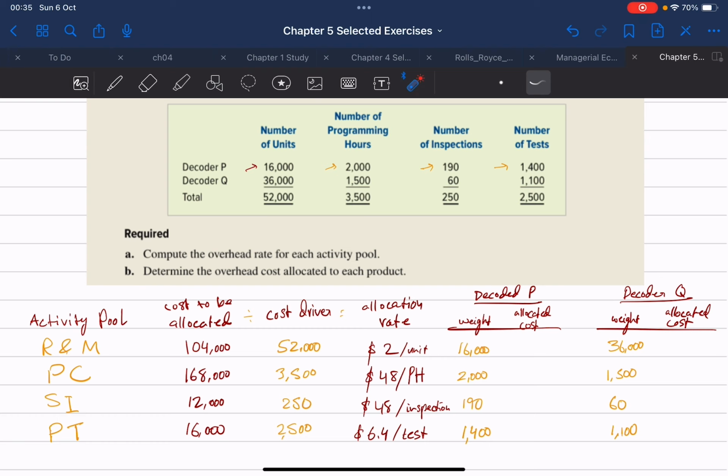Okay. So here, decoder P, the weight for R&M is 16,000. I multiply it by the allocation rate of R&M, which is $2 per unit. So that will be 16,000 multiplied by 2. That will give me $32,000.